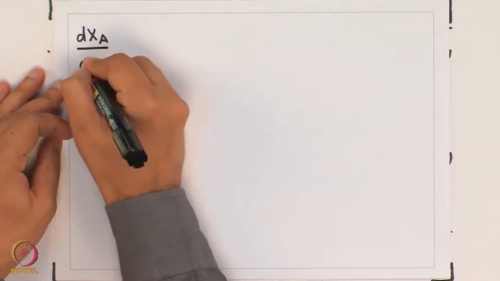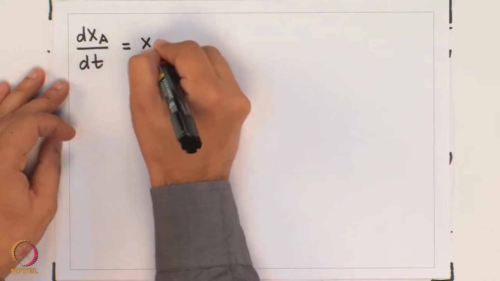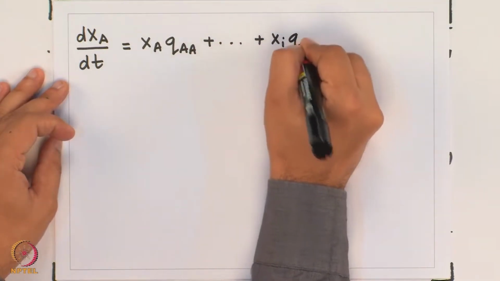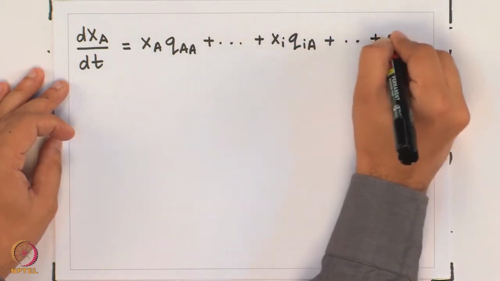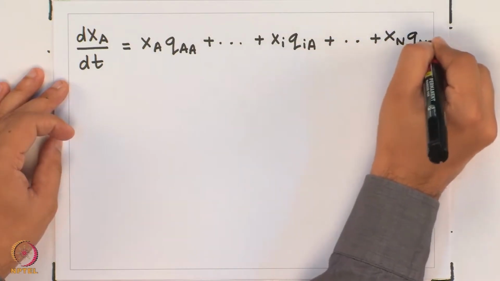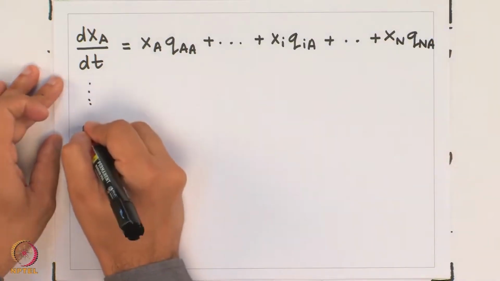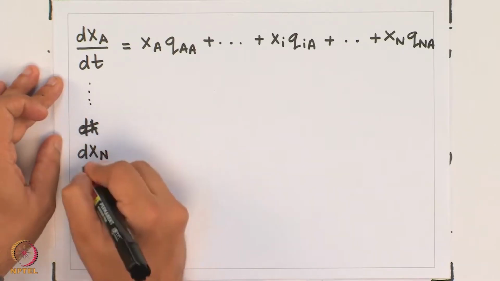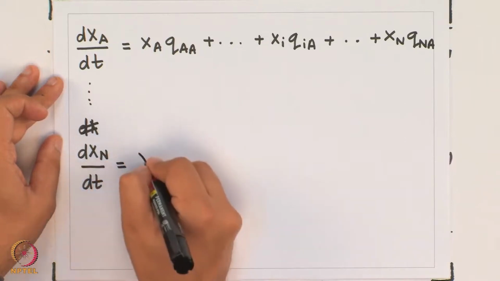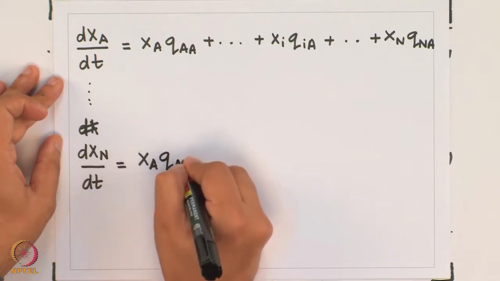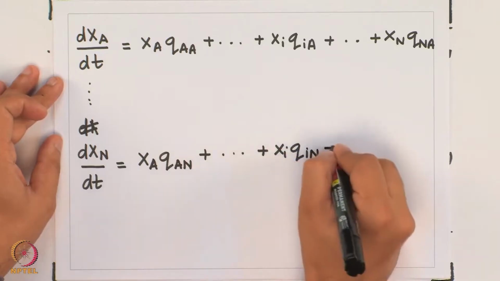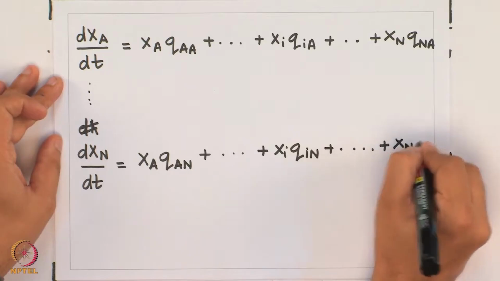and I'll write them: dxA by dt equals xA QAA plus xI QIA going all the way up to xN QNA, going all the way up to dxN by dt equals xA QAN plus xI QIN plus xN QNN.